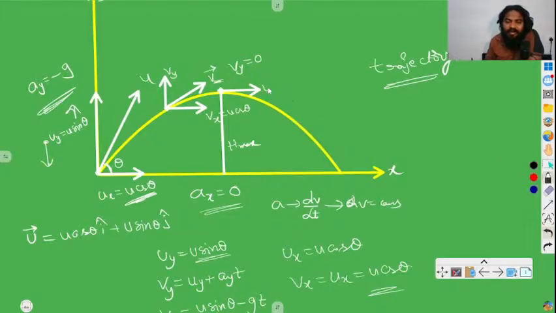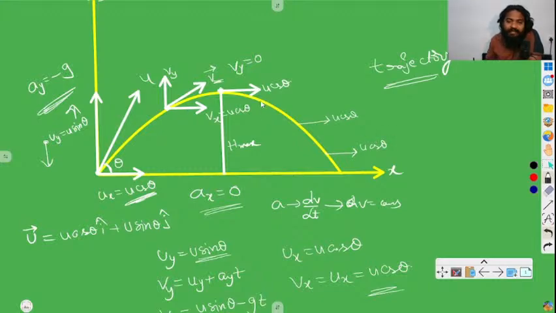It is nothing but u cos theta only. Did you understand? Whatever the velocity here, the same velocity will be here and here also: u cos theta and u cos theta.